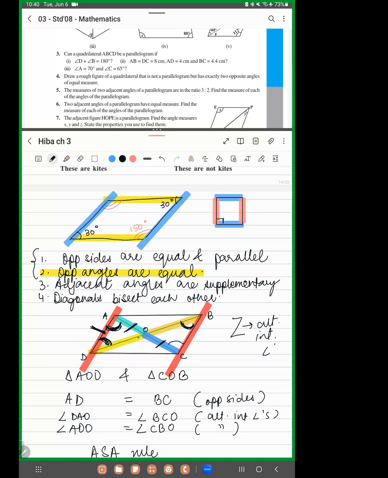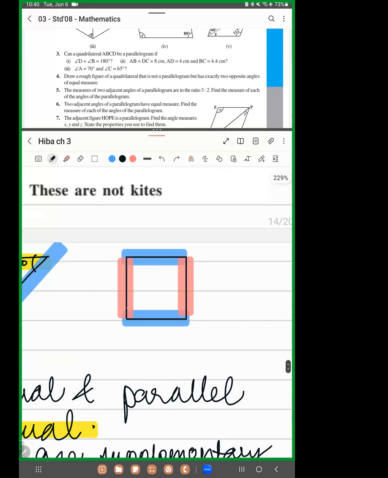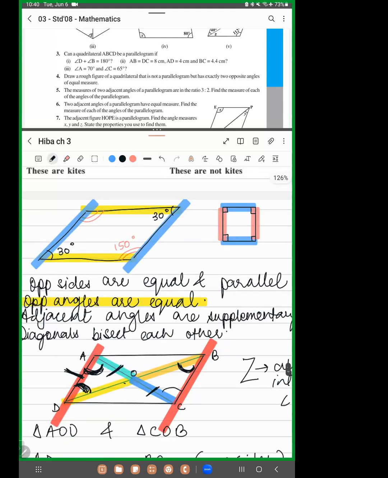Square में opposite angles equal नहीं होते हैं. Yes, they are. Square में opposite angles क्या होते हैं? They are all 90, 90, 90, 90, right? So opposite angles are equal. 90 ये भी है और इसका opposite भी 90 है. So square is a parallelogram or not?